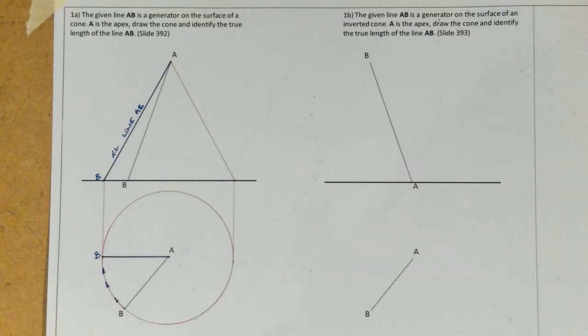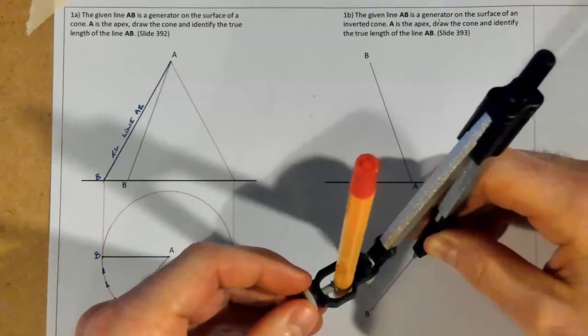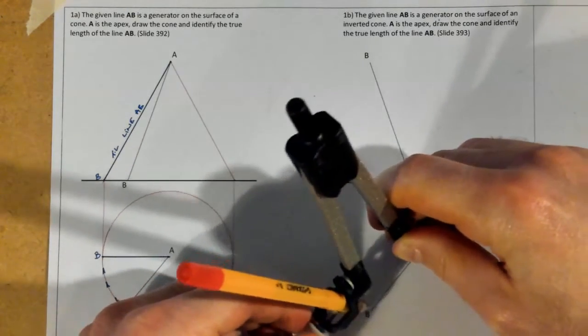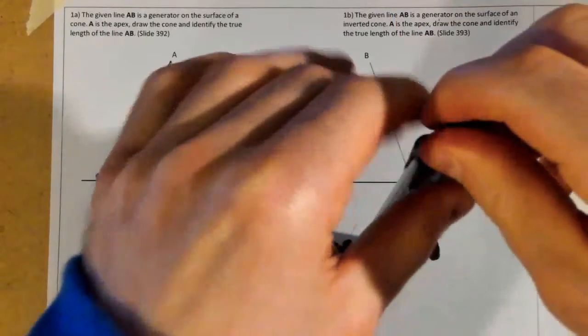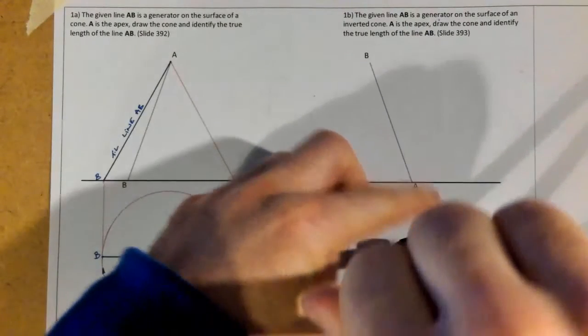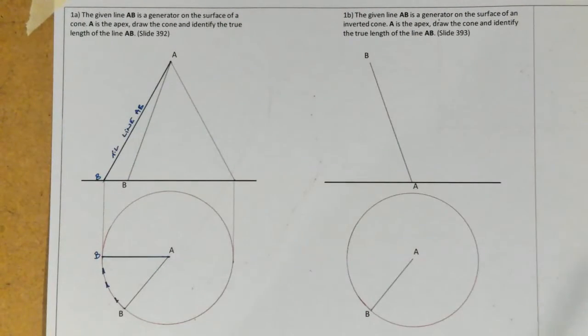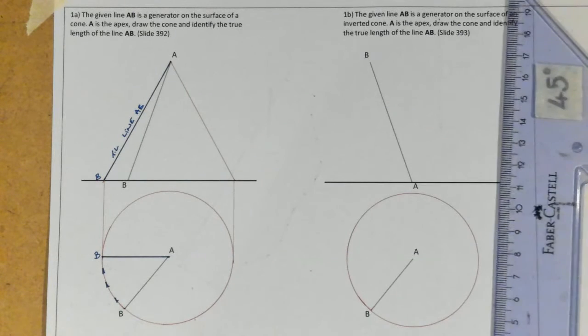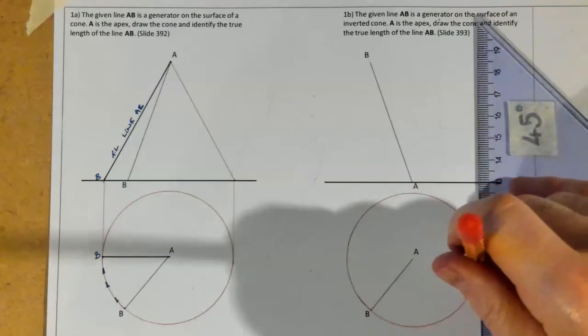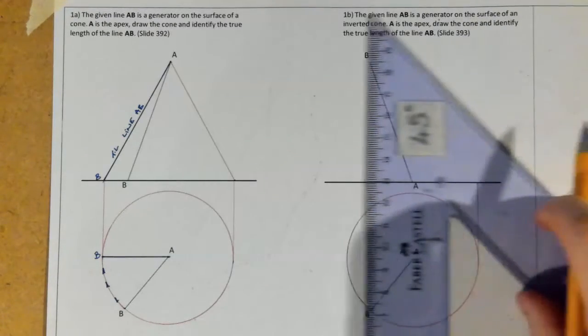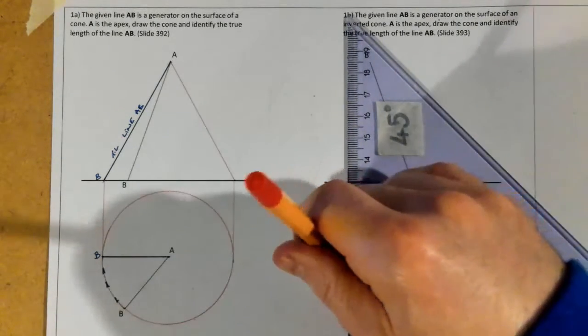So when we're drawing the cone in elevation and plan, taking A as the apex, which is going to be our center, to B, which is going to be our radius. So that is what I would see when I look down on top of it in plan. And in elevation, what I would see is the outside edge of the cone will come up here, and then the other part out here.